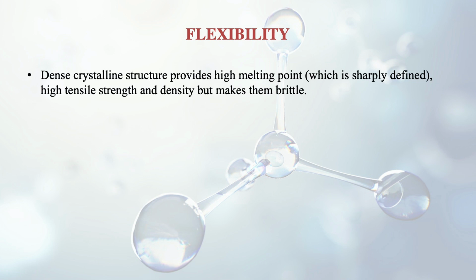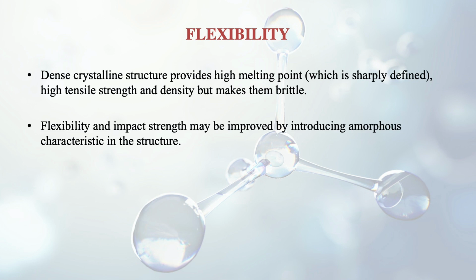There is a dense crystalline structure which provides a high melting point, and that is also very sharply defined in the case of polymers, and they have very high tensile strength and density. But with all these good properties, the dense crystalline structure makes it somewhat brittle also. So now we have to look at the property of flexibility to remove this brittleness.